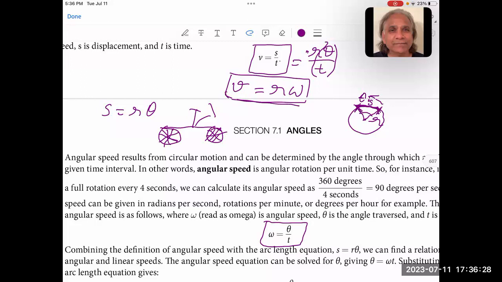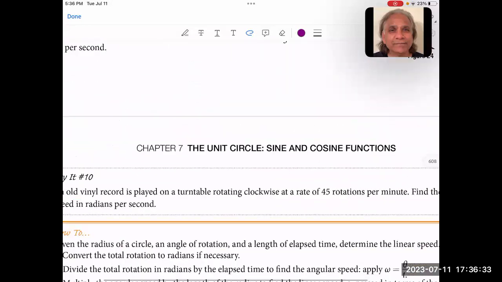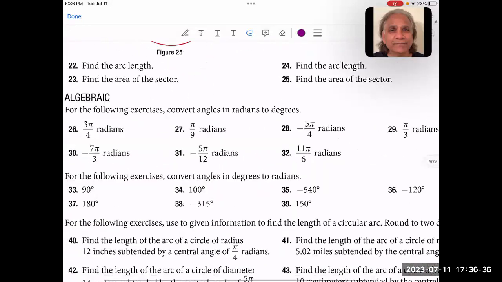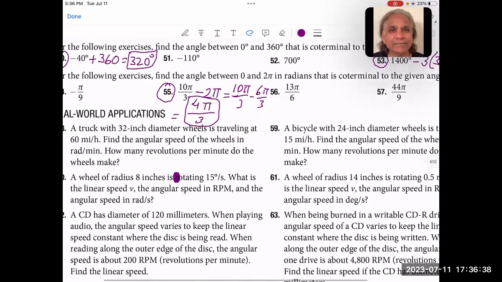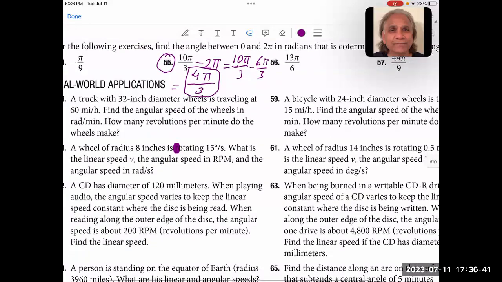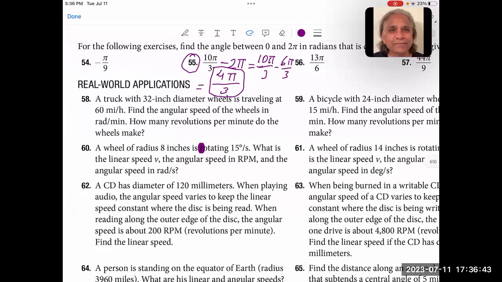Let's look at problem number 60. So the problem reads, a wheel of radius 8 inches is rotating 15 degrees per second.